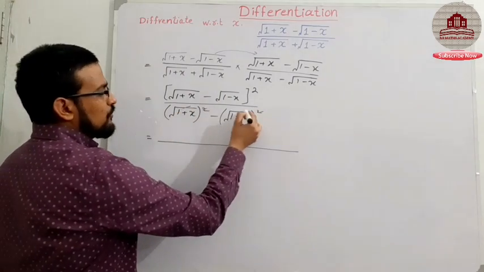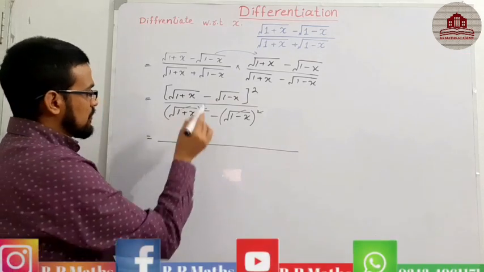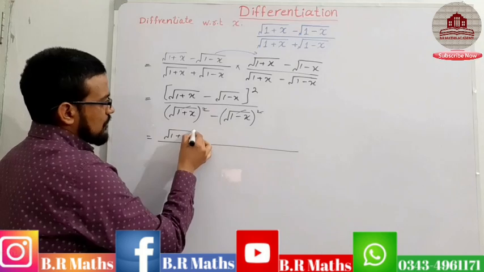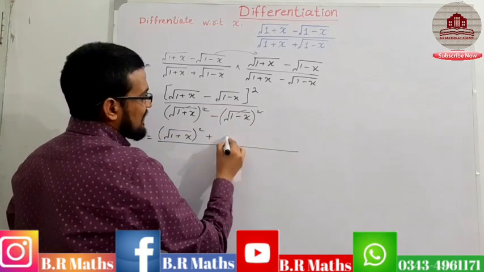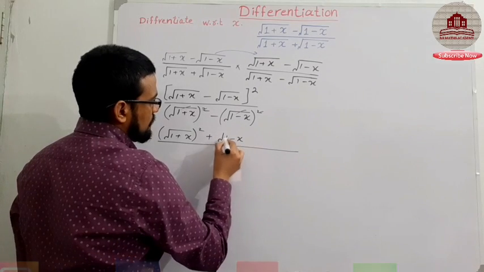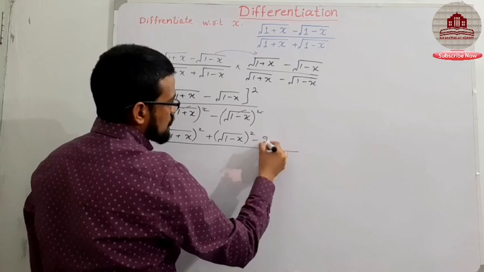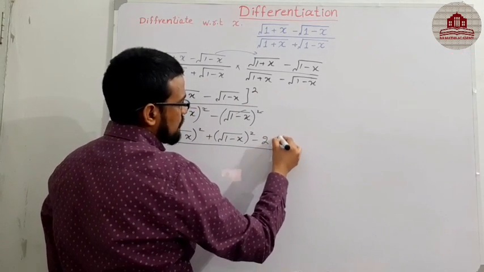Students, the square roots are removed, and then apply the a minus b whole square formula: first term square, plus second term square, minus 2ab, which means first and second term.